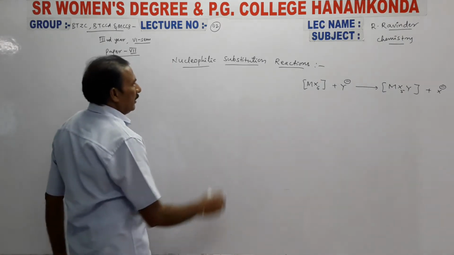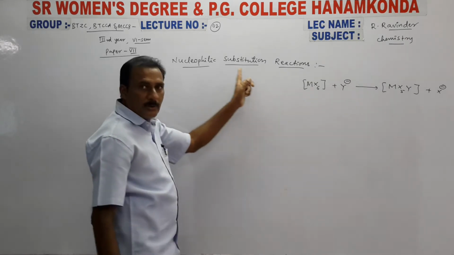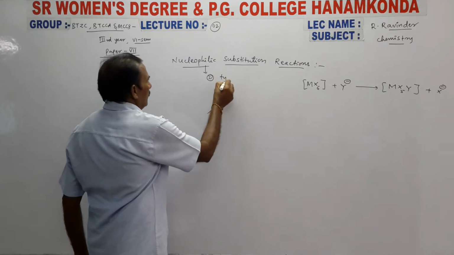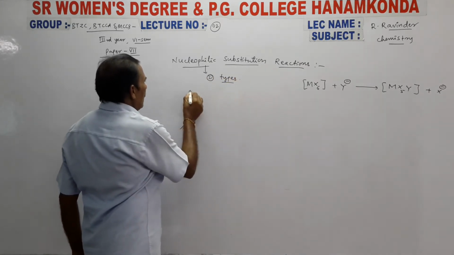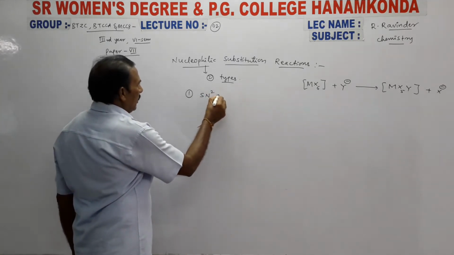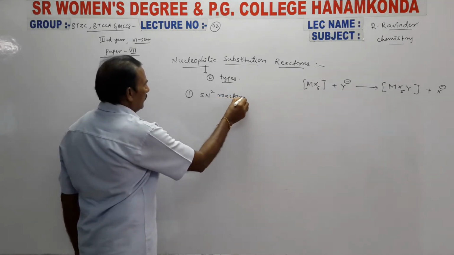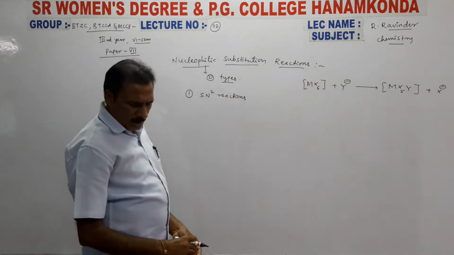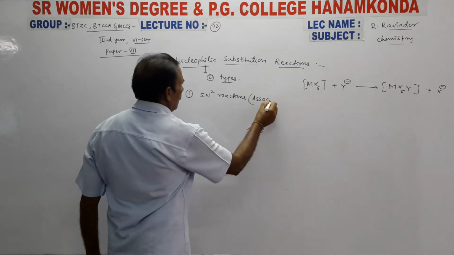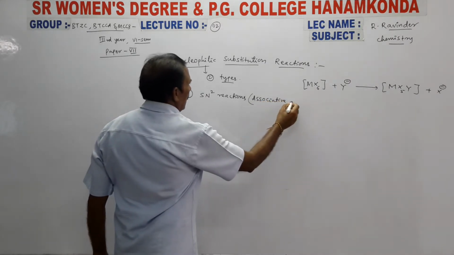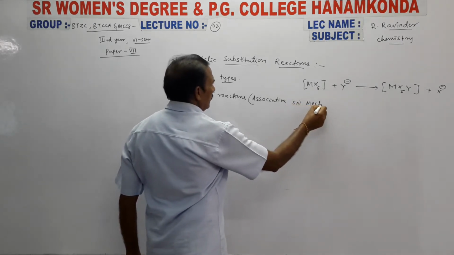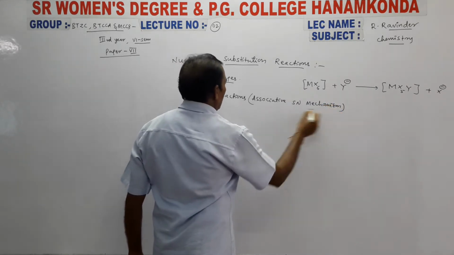The first one is the SN2 reactions, where SN2 means the associative mechanism.